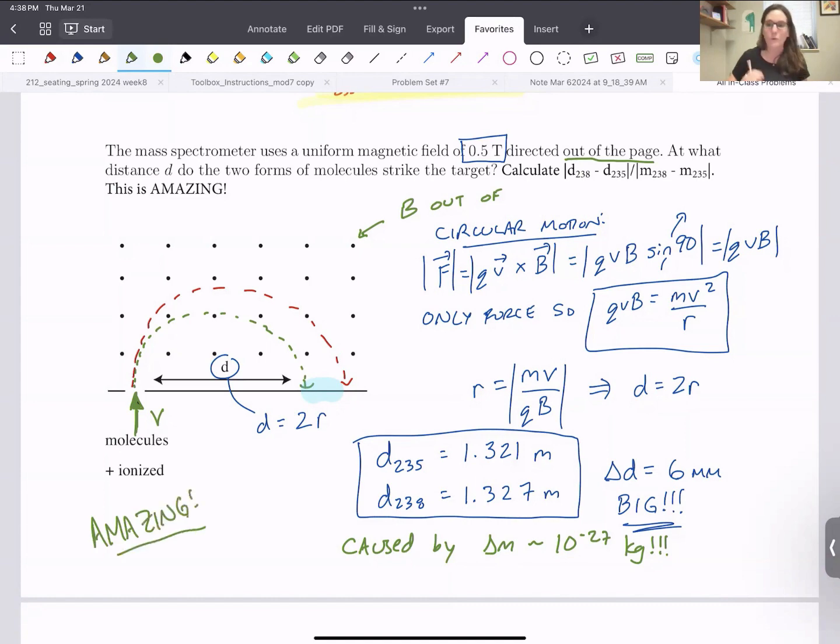It's a really cool application that allows us to very carefully measure things like mass. The mass spectrometer is a really simple setup where you can see where something hits, and that allows you to know its mass very accurately, because we can measure positions pretty well, certainly on the scale of what they're talking about with these delta m's.